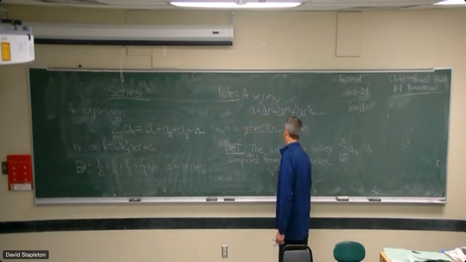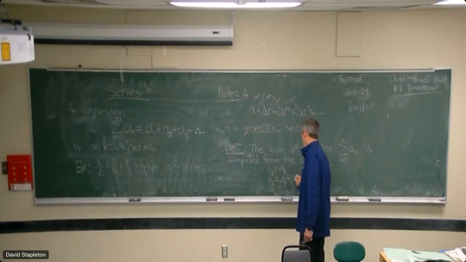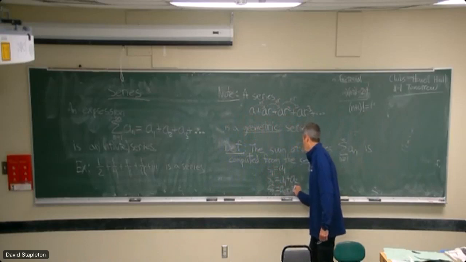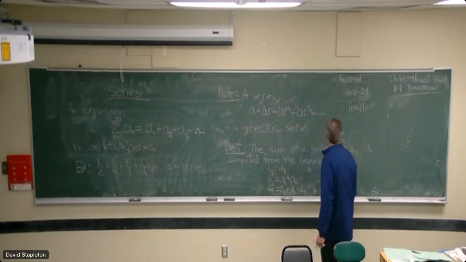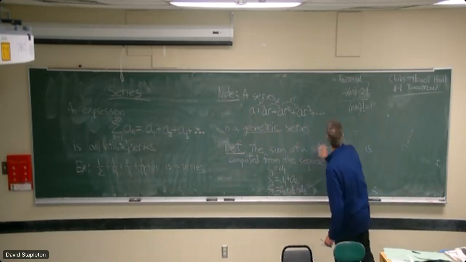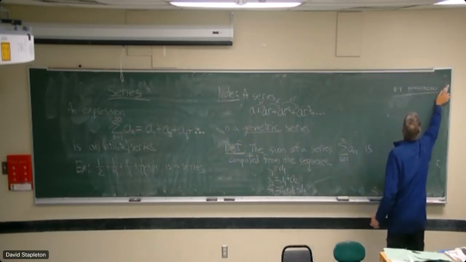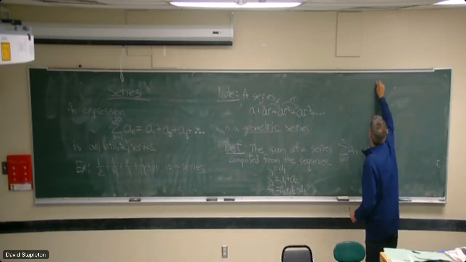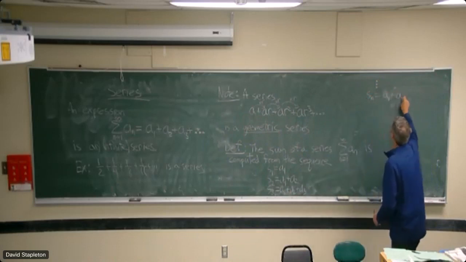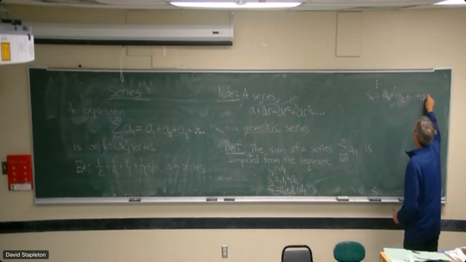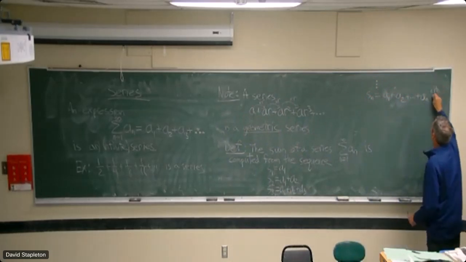S1 for the first sum is just a1. S2 is the sum of the first two terms, a1 plus a2. S3 is the sum of the first three terms, a1 plus a2 plus a3. And the nth sum, Sn, is the sum of the first n terms, a1 plus a2 plus dot, dot, dot, plus an. And we call this the nth partial sum of the series.